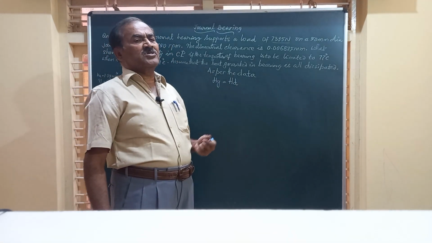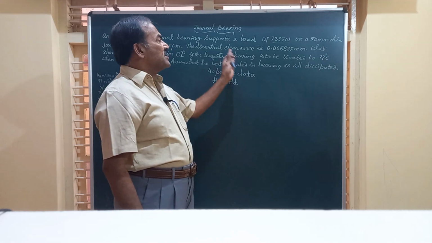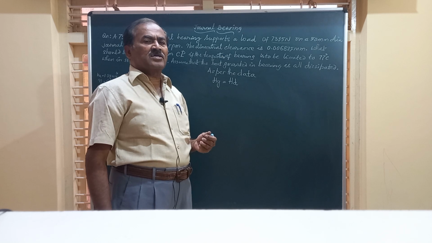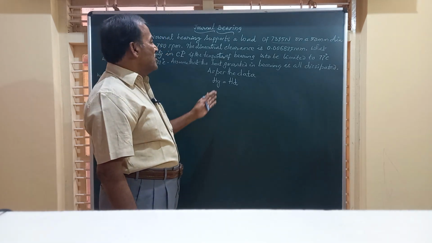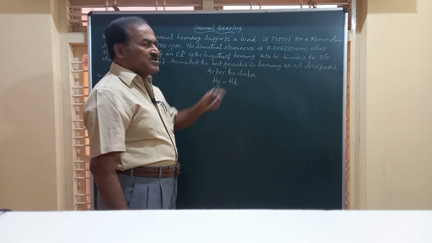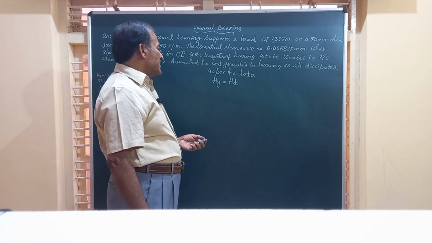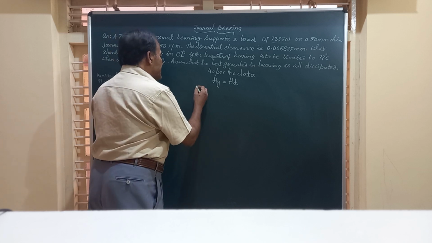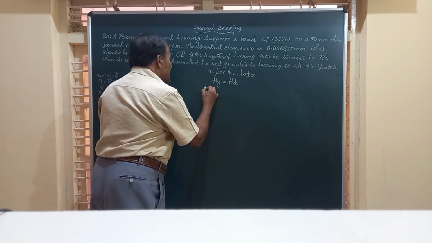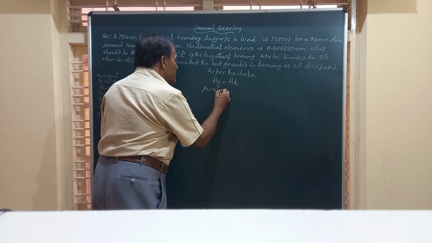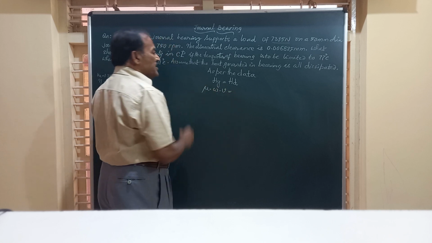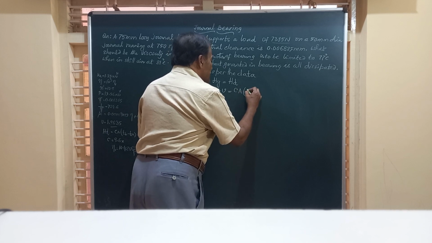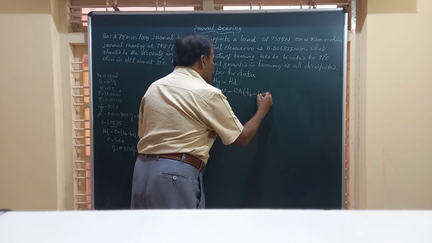So when you equate these two and substitute all these values of the load, the dimensions of the journal, etc., we should be able to find out the value of the viscosity of the lubricant. Friends, we can write Hg and Hd in terms of the known parameters as: Hg can be taken as mu times W into V, mu WV, and Hd is taken as CAT, that is TB minus TA.